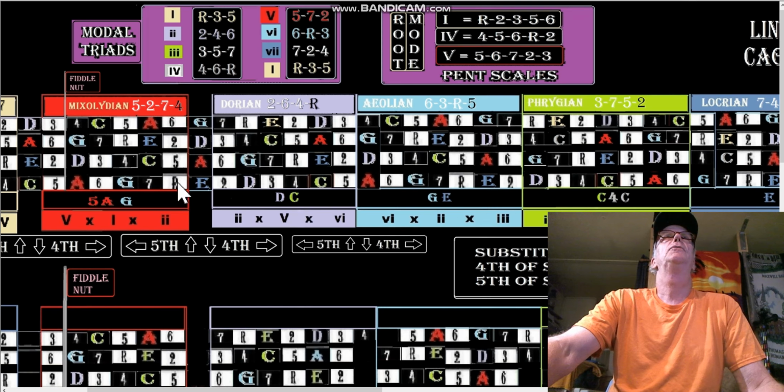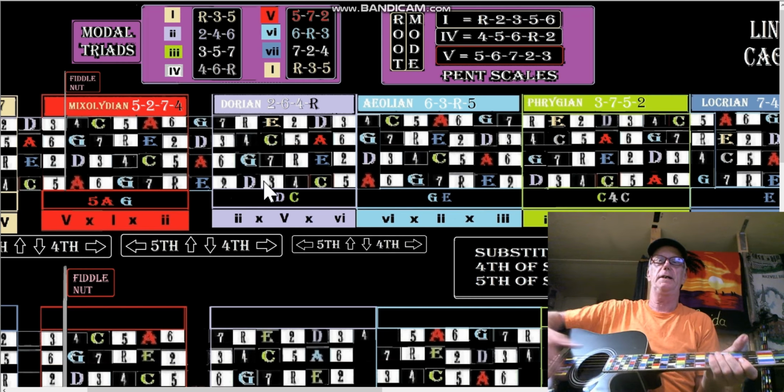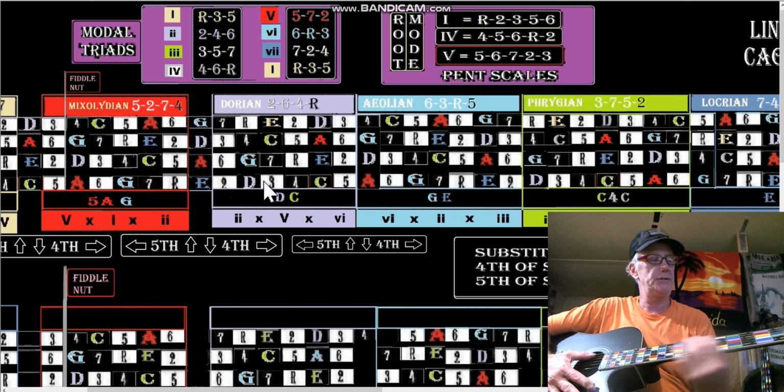Root 3, 5, 5, 7, 2. Analogous: 2 is the fifth of 5. So there you have it. And you can do that with modes too, and with the minors. That's how the substitutions work, similar to guitar. But I can do it better in pentatonics.